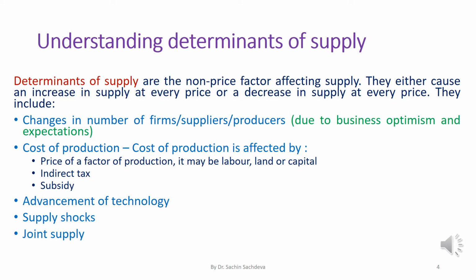Or if firms find that businesses producing that product are making profit, more firms would like to enter that industry. So it may bring changes by increasing the number of firms, suppliers or producers.